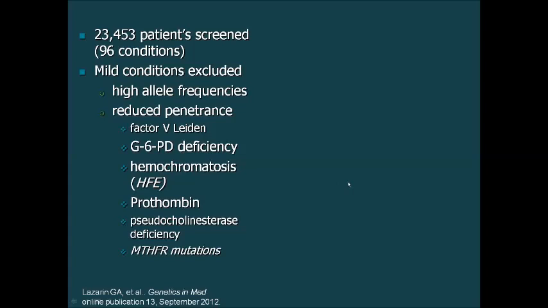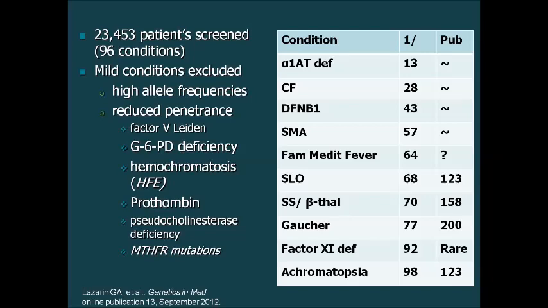This slide shows data from a paper recently published in Genetics in Medicine, September 2012. In this paper, approximately 23,500 patients were screened for 96 conditions. Mild conditions were excluded, specifically those with high allele frequencies and reduced penetrance. On the right of the slide, one can see two columns, the published carrier frequency and the carrier frequency identified after screening multiple genes for multiple alleles.